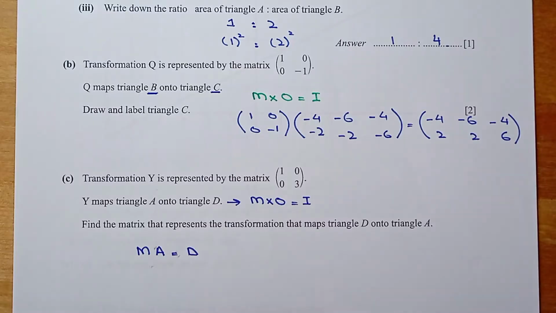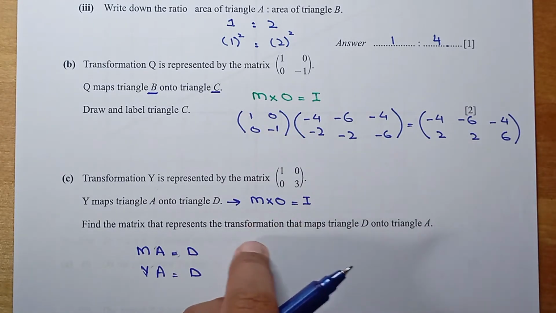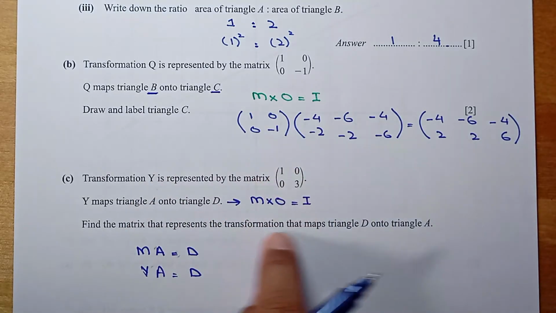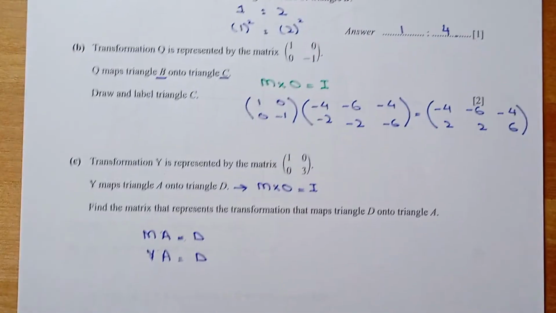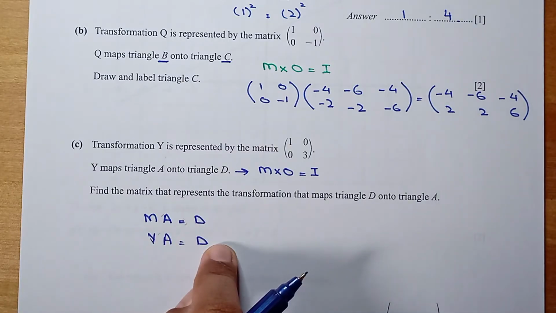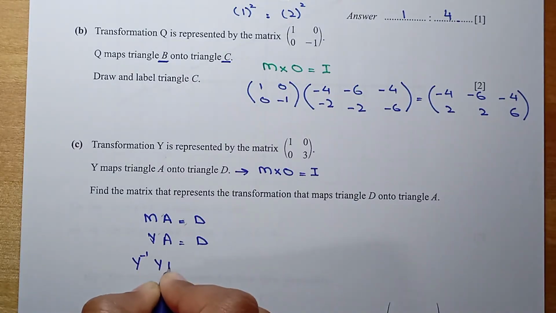Okay, now and matrix is Y. Y times A equals to D. Okay. Find the matrix that represents the transformation that maps D onto A. Okay, how can we map D onto A? So this transformation maps A onto D. We can find a transformation that maps D onto A. So we need to do Y inverse on both sides.